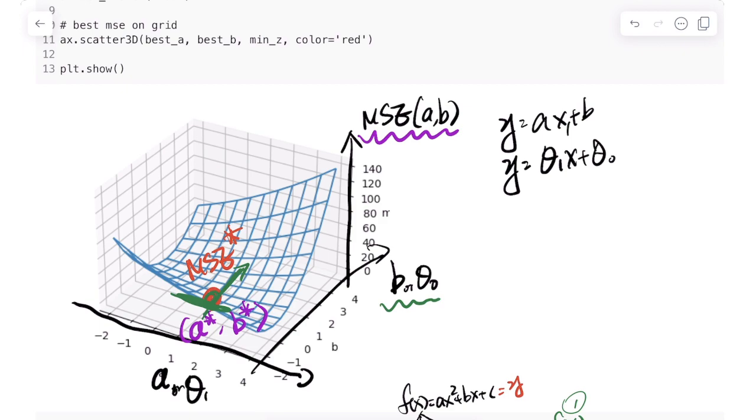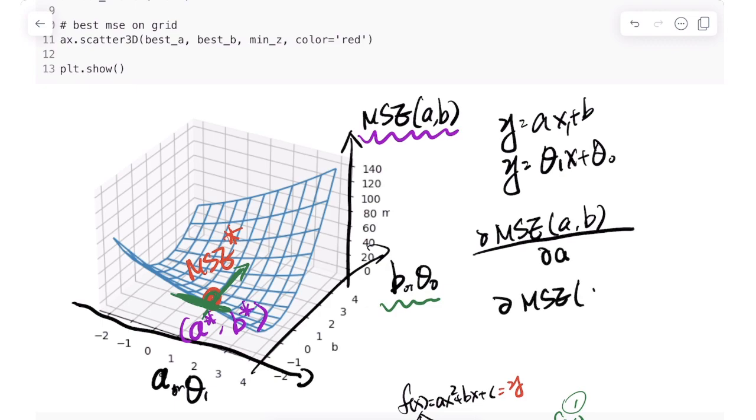0. So basically, we should do partial differentiation for A and for B direction, and both their values should be 0.